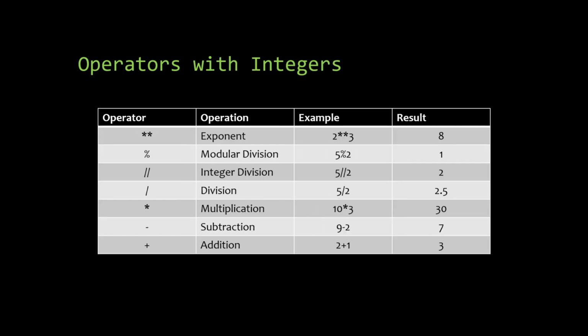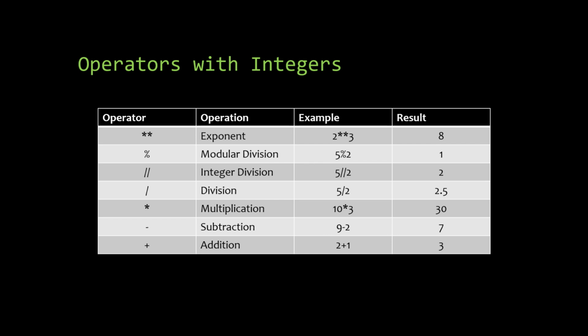So you can see with the integer division, I have 5, integer division 2, it gives me 2. Now, we learned in math 2.5, which you can see right below it, would round up to 3. But since we are using the double division sign, then that means it just removes that decimal.